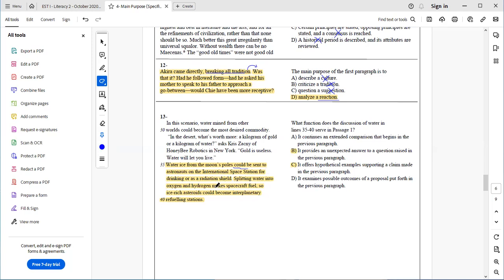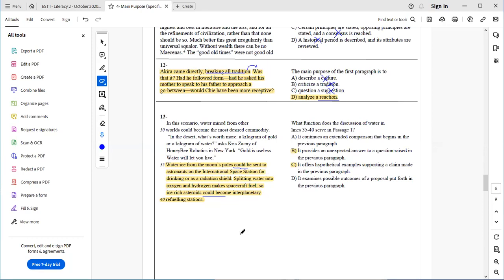Splitting water into oxygen and hydrogen makes spacecraft fuel. So an ice-rich asteroid could become an interplanetary refueling station. Both of these are hypotheses. Hala, he's not sure. Could, might, may, hypothesis.